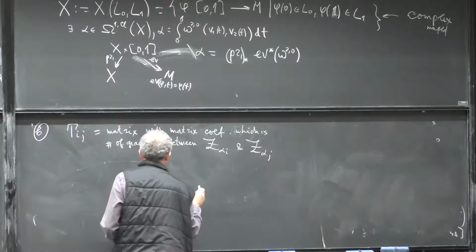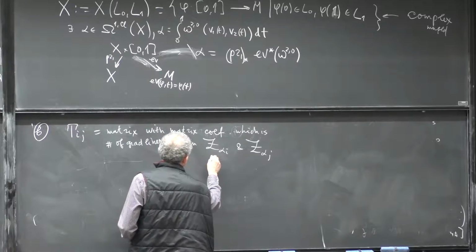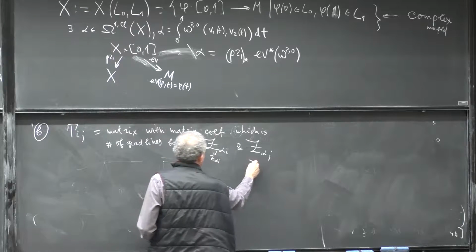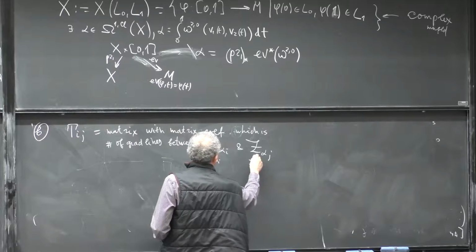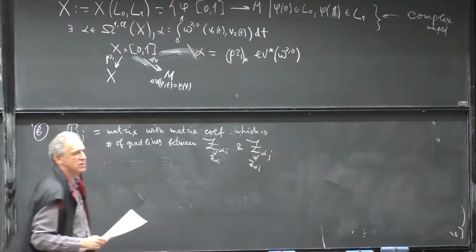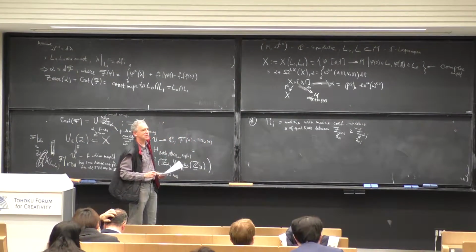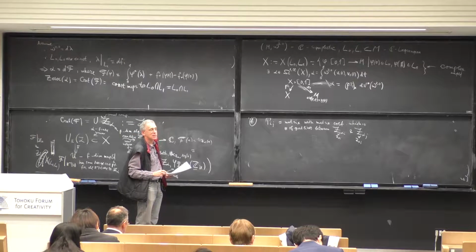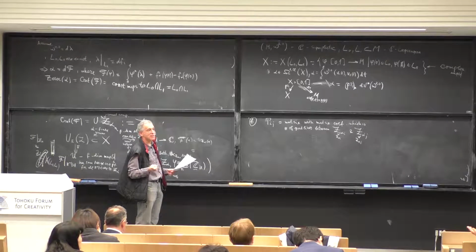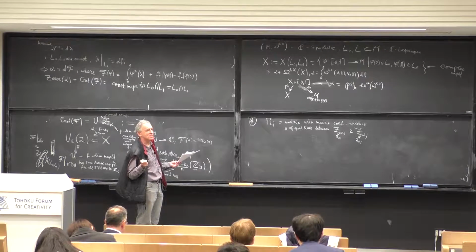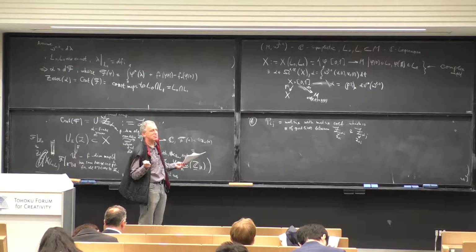Well, better to say between two points. We should take some point here and a point here, because these components do not have to be simply connected. So the gradient line has its relative homology class. If the component is not simply connected, then the number depends on it.